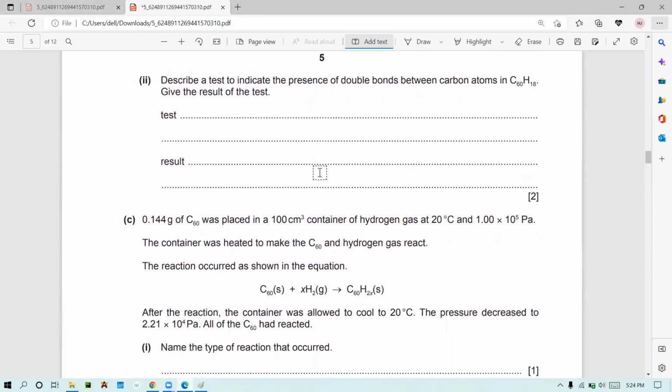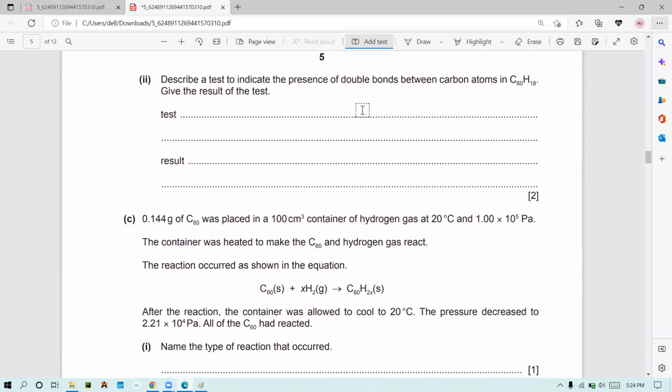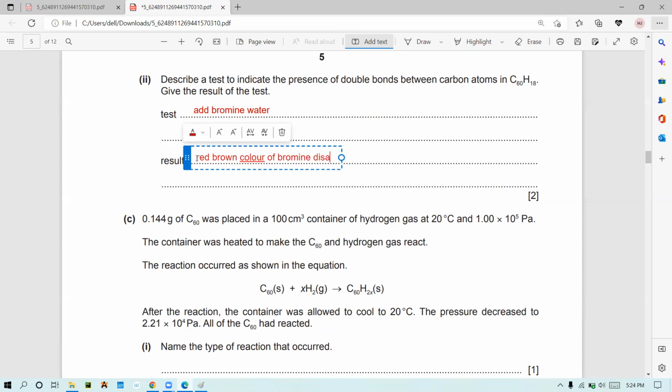Our next question. Describe a test to indicate the presence of double bonds between carbon atoms in C60H18. If there are double bonds between carbon atoms, the test is to add bromine water. It's a standard test. The result is that the red-brown color of bromine disappears immediately.